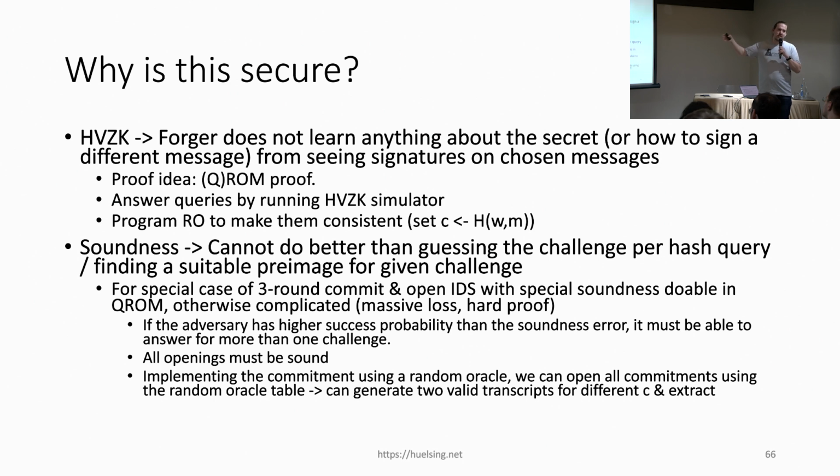It's related to the entropy of W. And so if the adversary never queried the hash function at position W, M, I can change the function there without the adversary actually noticing. And then I get valid signatures because these transcripts are valid. And they are suddenly consistent because I'm programming the random oracle.